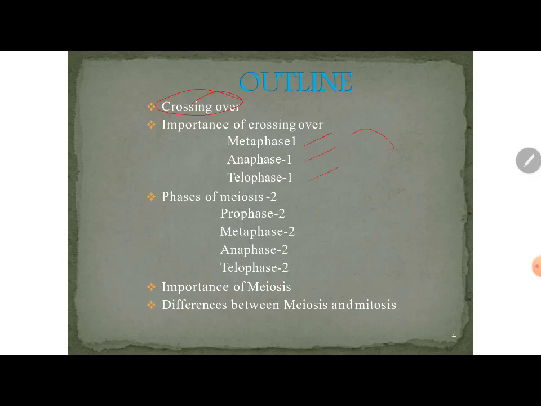At this stage, you can see 2 nuclei with a reduced number of chromosomes within the same cell. But this will not undergo cytokinesis. No cytokinesis after this, because this goes into what is called the second meiotic phase, which is like mitosis.